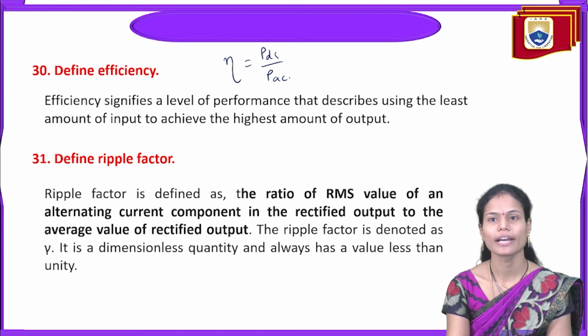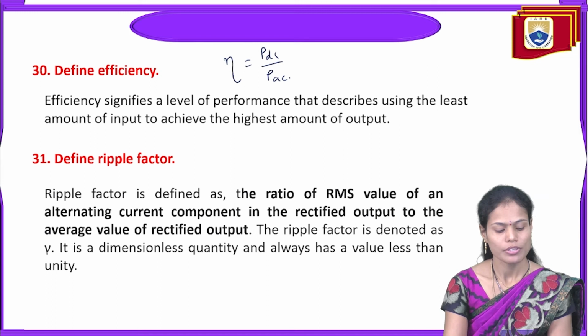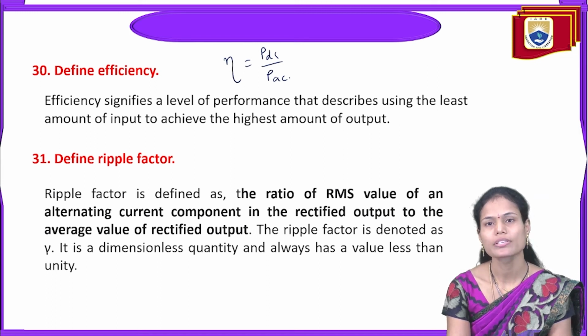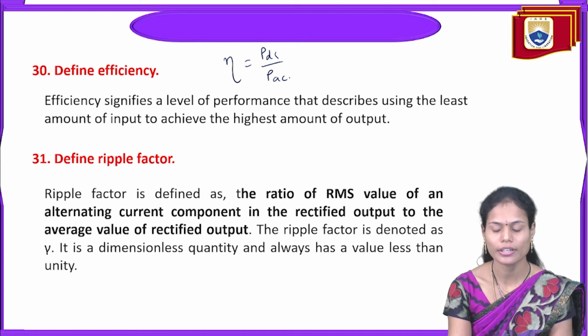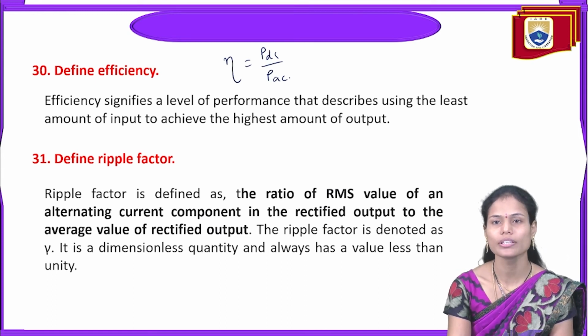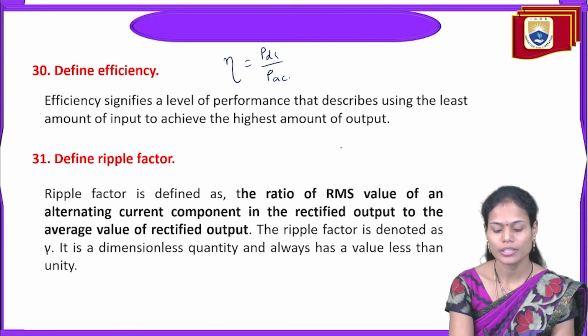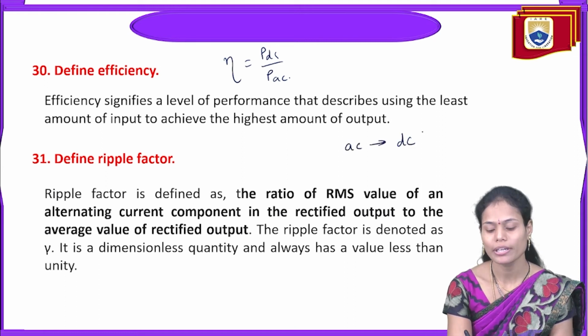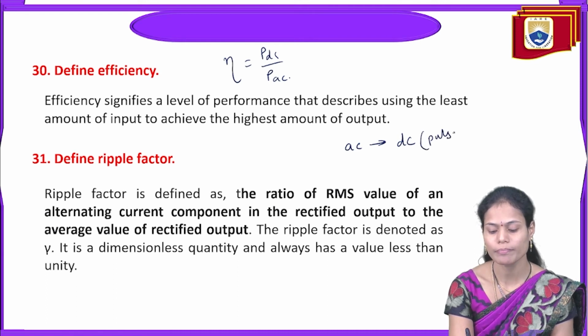And the next one is define ripple factor. It is the ratio of the RMS value of the alternating current component in the rectified output to the average value of the rectified output. After rectification we will get AC to DC form, but this is not pure DC. It is pulsating DC.